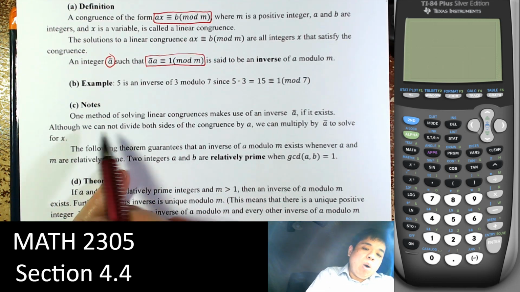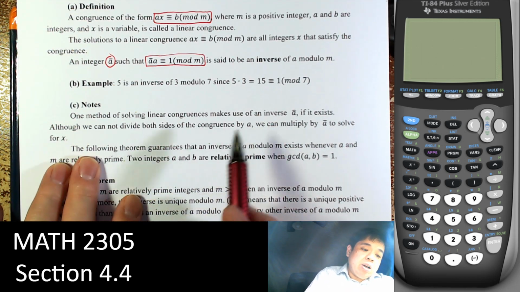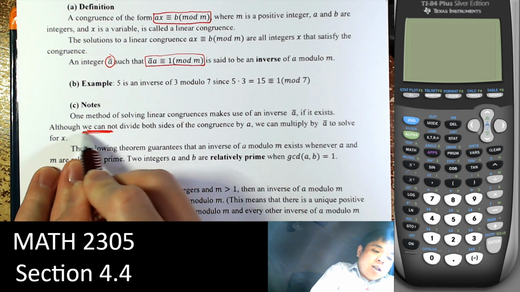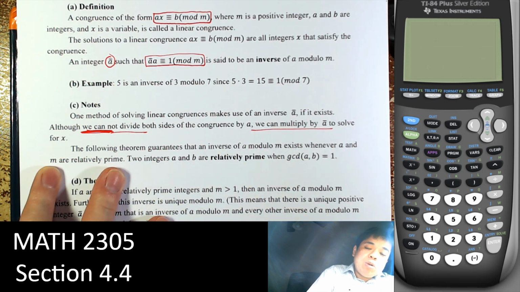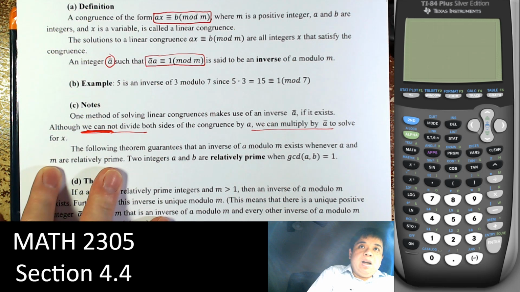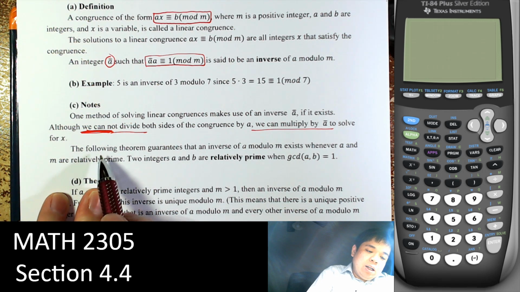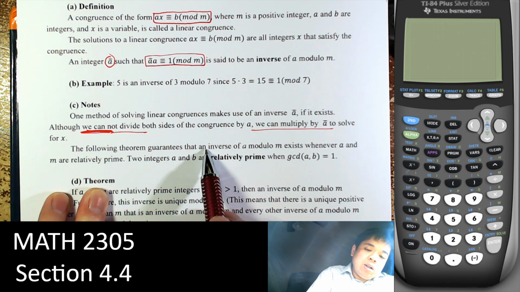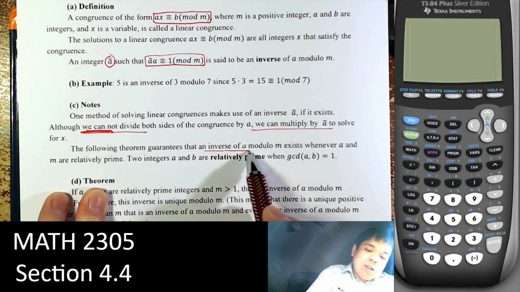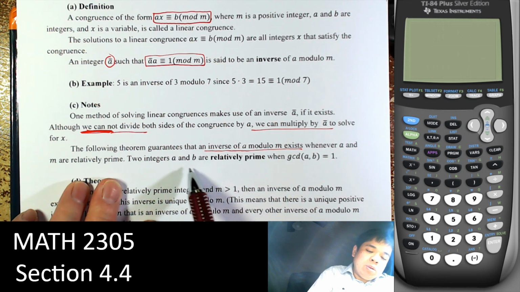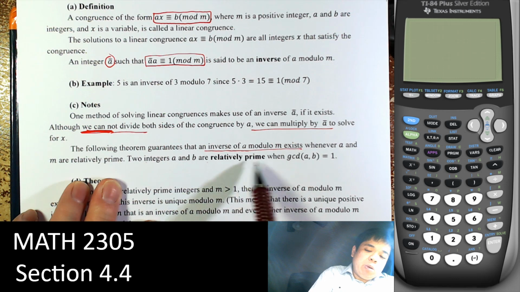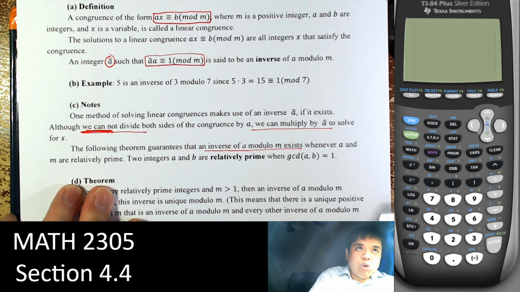One method is using the inverse, because we cannot divide both sides, but we can multiply both sides by the inverse. There's a plain fact here that says the inverse exists whenever a and m are relatively prime. Two integers a and b are relatively prime when the greatest common divisor is 1. We already know that.